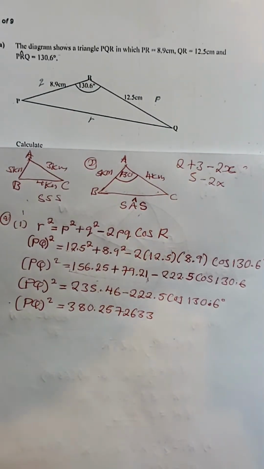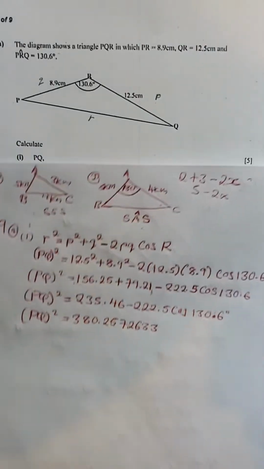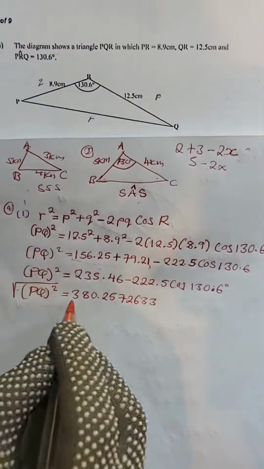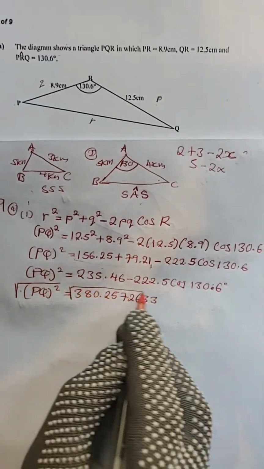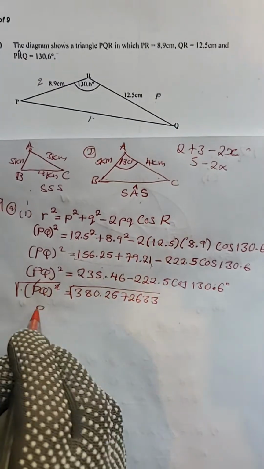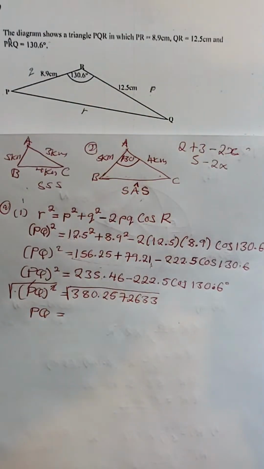Now, when you reach this stage, we are asked to find PQ, not PQ squared, and here is PQ squared. So we are going to square root both sides. The square symbol and the 2 cancel. We just remain with PQ equals the square root of 380.2572633.